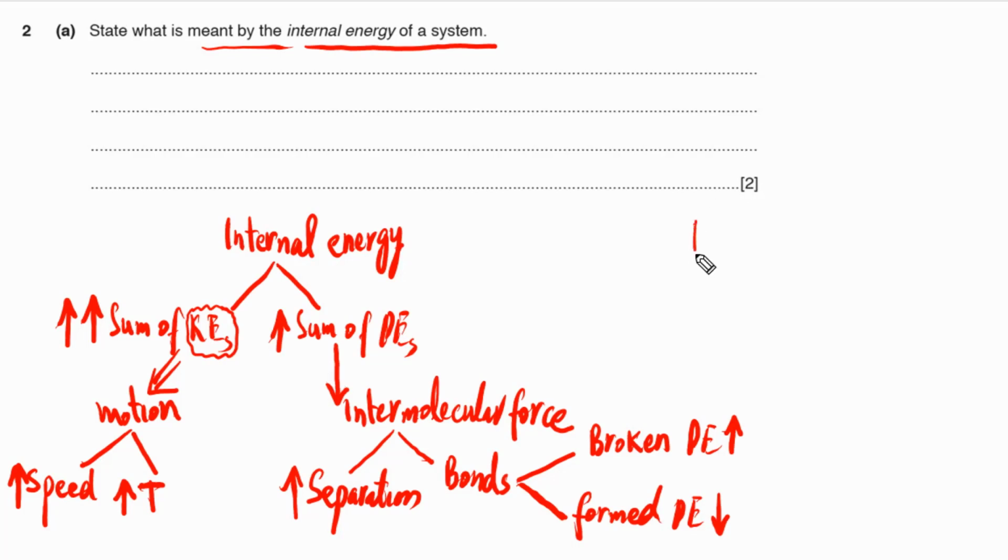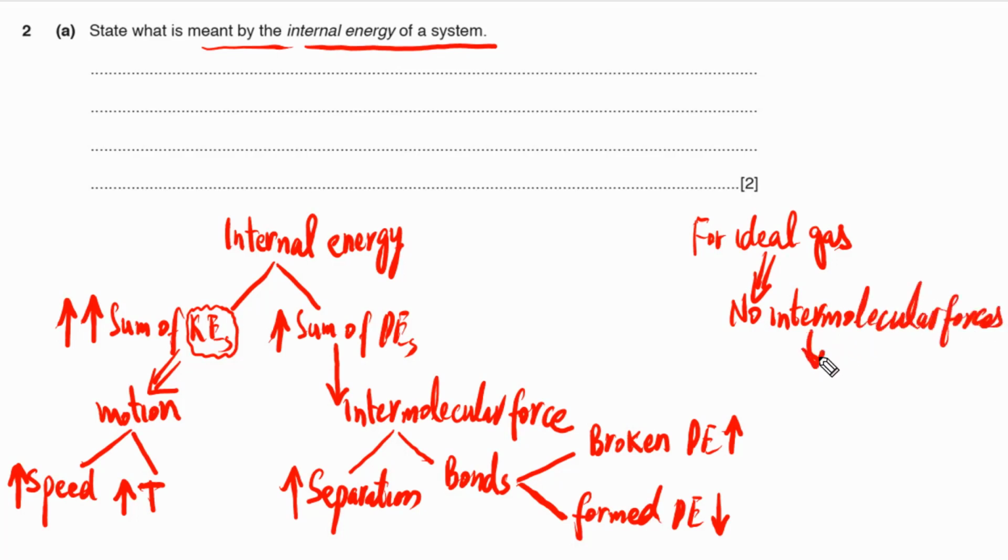For ideal gases, we need to understand there are no intermolecular forces between ideal gas molecules. This is the assumption we make for ideal gases, that there are no intermolecular forces. As there are no intermolecular forces, it simply means that there is no potential energy.